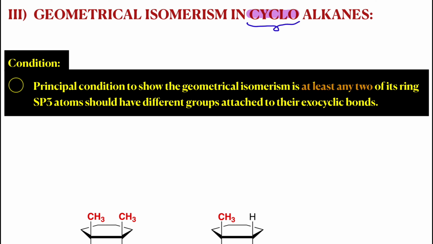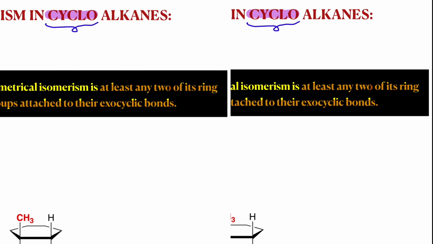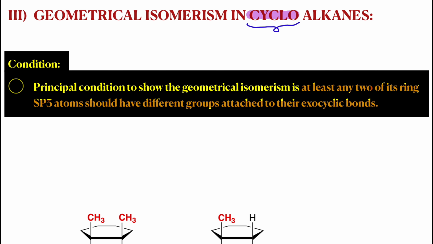That atom may be carbon, nitrogen, oxygen, phosphorus, sulfur, whatever it may be, should have different groups attached to their exocyclic bonds. This is the condition. Let us understand the condition.